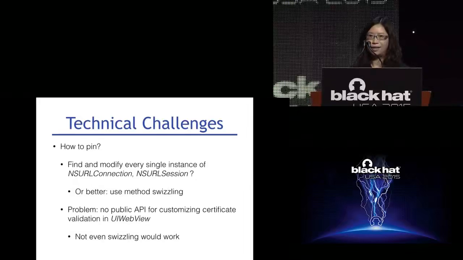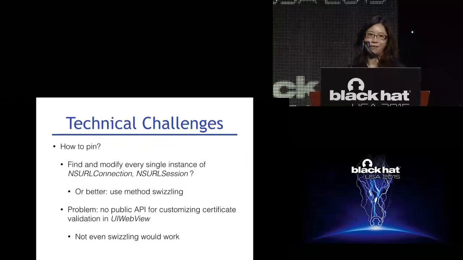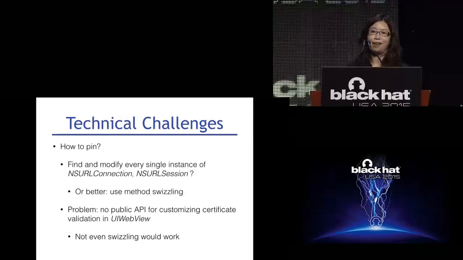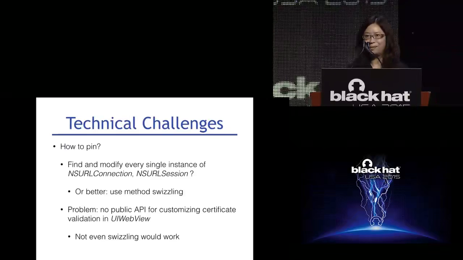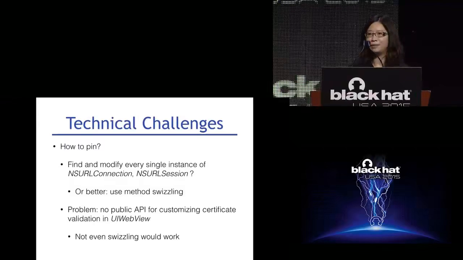Another challenge I hit is how I am going to implement this. I don't want to go and find and modify every single instance of NSURLConnection and NSURLSession in all of the mobile apps that we have. So I thought I'd be smart and use method swizzling, so I only need to do it once and all the mobile apps would get it transparently.